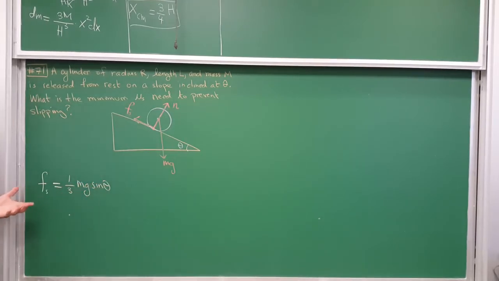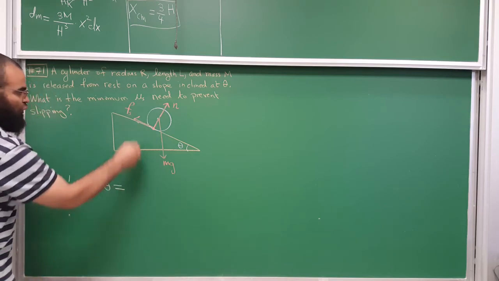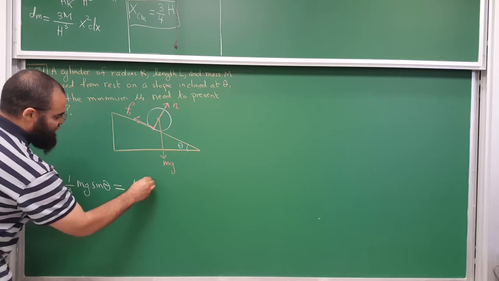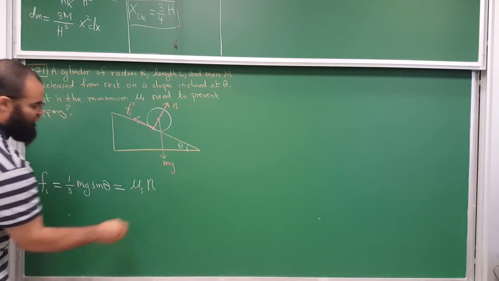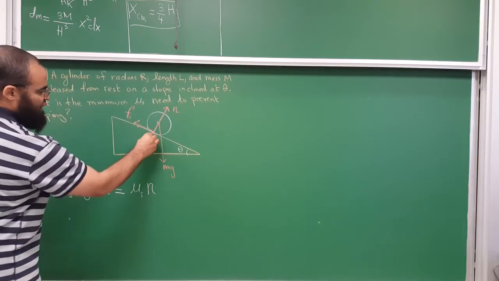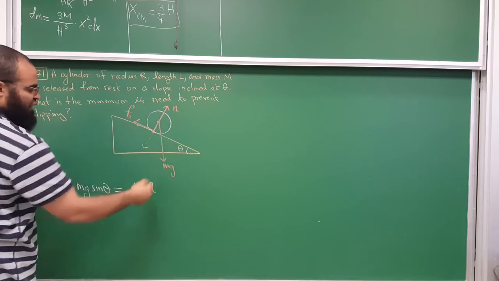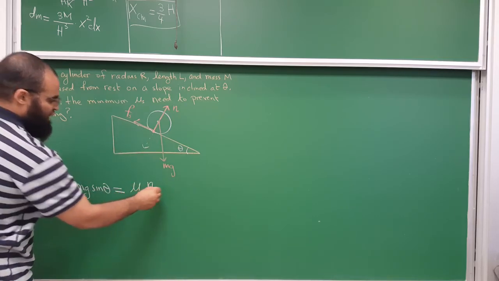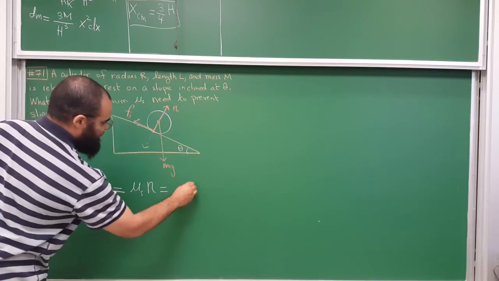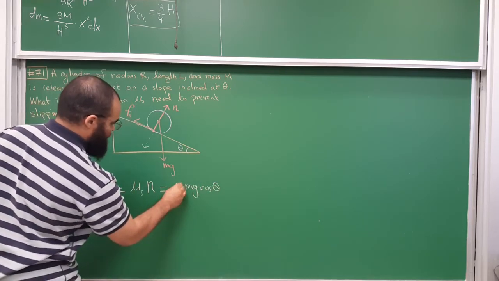Now, the maximum force of static friction, let's say you have reached the maximum here and you don't want to slip, is related to the normal force by μs times the normal force. And the normal force is mg cosine theta.